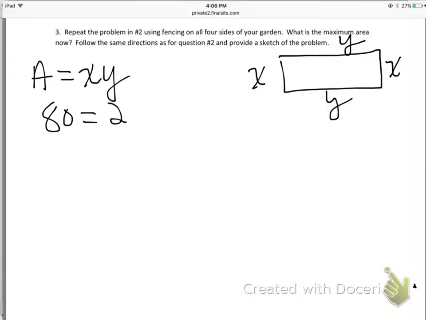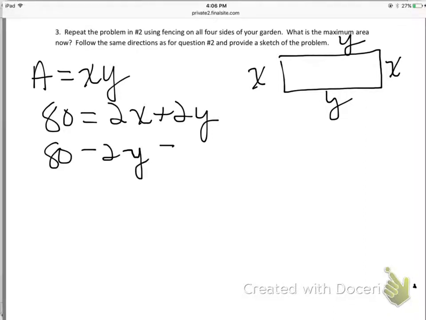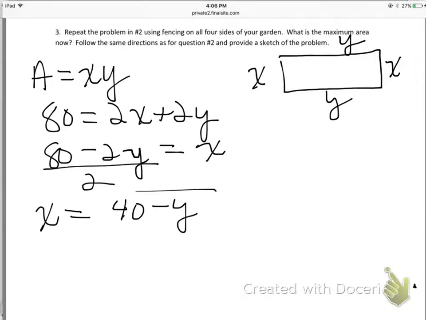So that's going to be 2x plus 2y. So we're going to switch out our y. So 80 minus 2y equals 2x. So if I divide by 2, I end up getting x equals 40 minus y.